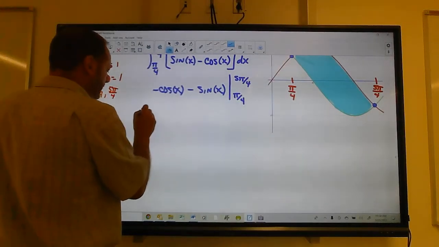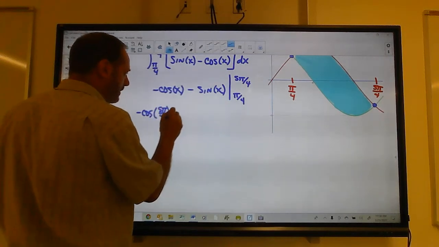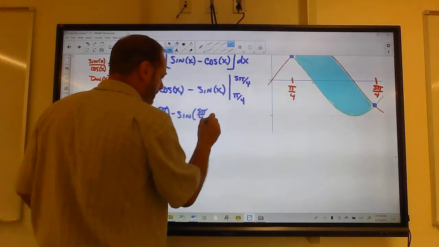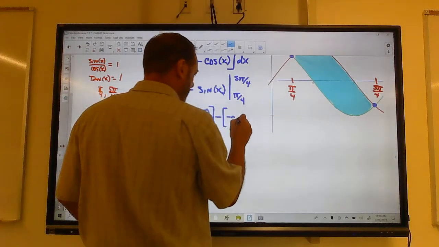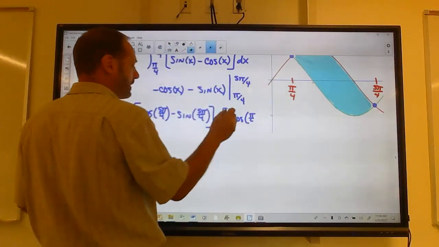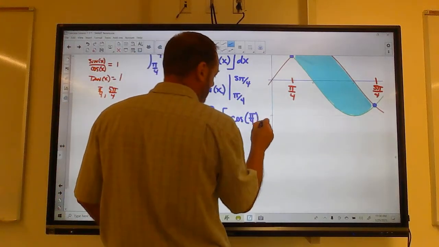So this would be negative cosine of 5 pi over 4 minus the sine of 5 pi over 4, minus negative cosine of pi over 4. Whoops, 5 pi over 4. Sorry. No, pi over 4.